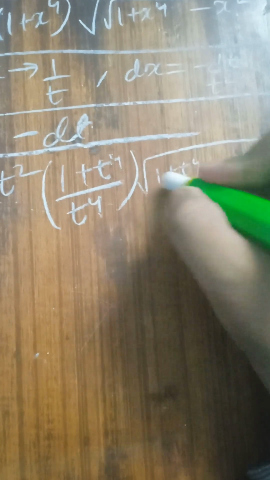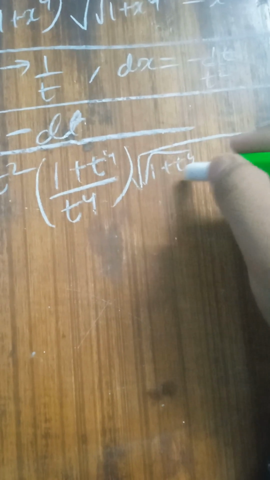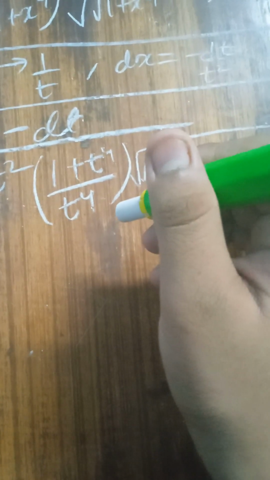Pulling t square out of this root, and 1 by t square out of that. I believe this is correct, or let me check it once again.